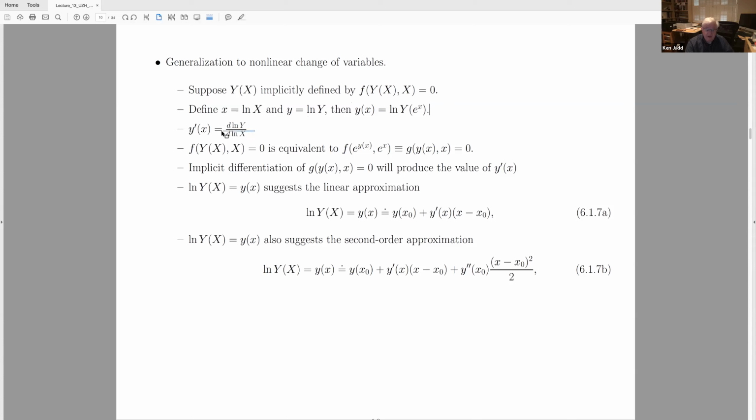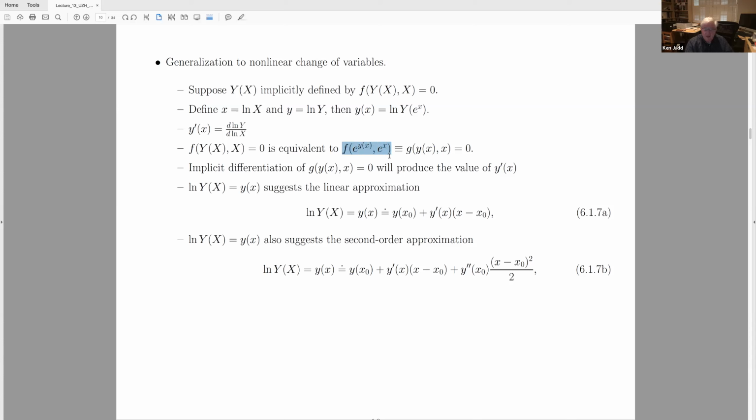And that definition tells you that y prime is equal to d log y over d log x. Now, by replacing y of x with the log of y of x, we see that this expression is equivalent to this expression.